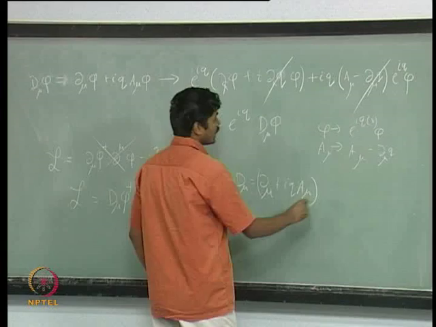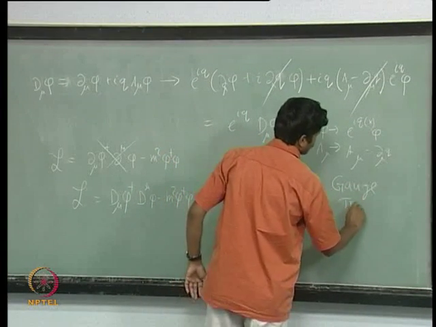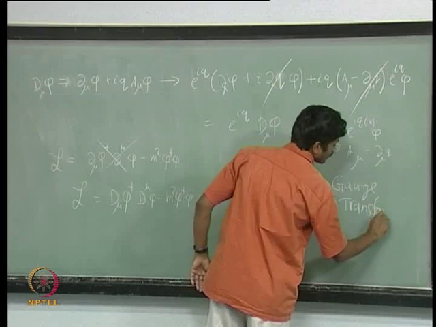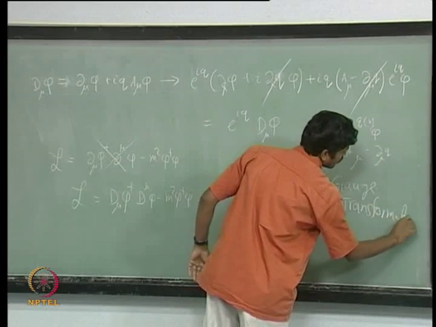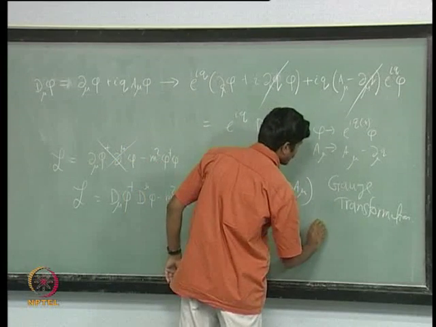This is known as the gauge transformation. And this A_μ is known as the gauge field.